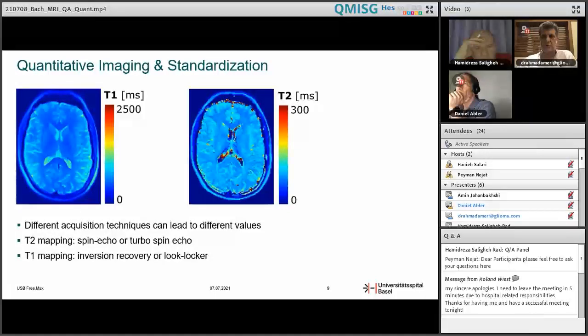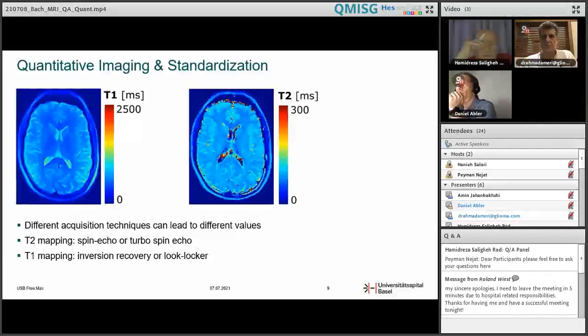Also, for the quantitative imaging of relaxation times, it is important to standardize the acquisition technique. T2 maps, for example, can be created by multi-echo, spin-echo, or turbo-spin-echo sequences. Depending on the tissue, different acquisition techniques will yield different values for the relaxation times.